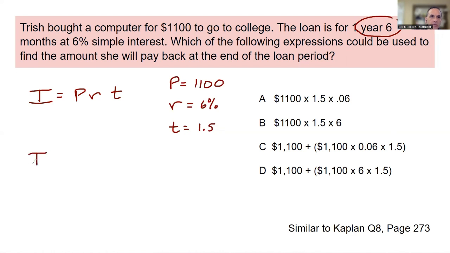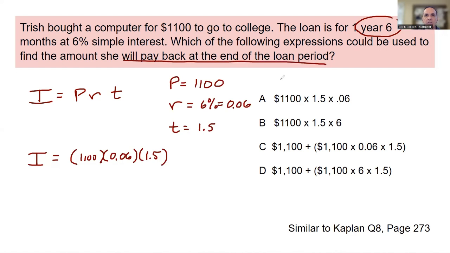So our interest part is going to be 1,100 times, I forgot to convert this to a decimal, 0.06 and 1.5. But the amount that she pays back at the end of the loan is going to include the principal too. So we have to add that back. Her balance is equal to the principal plus the interest.